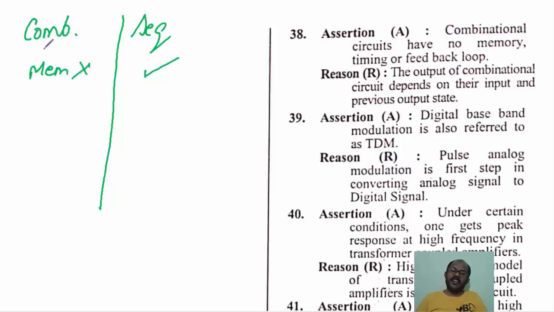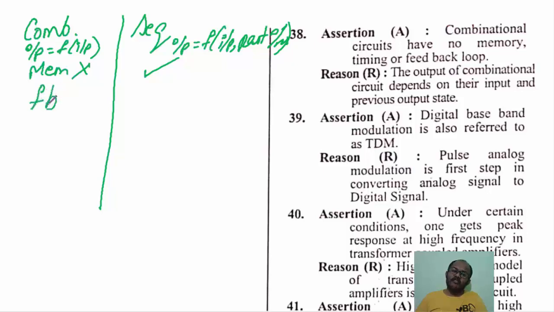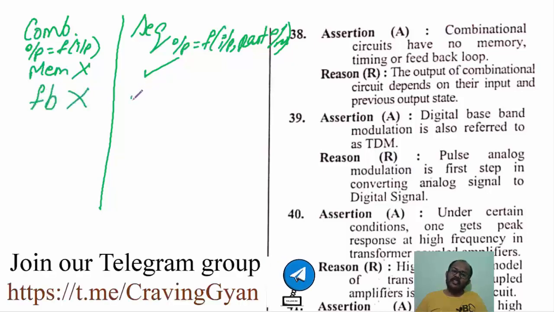The second difference is in the case of combinational circuits, output is a function of present input, whereas in the case of sequential circuits, output is a function of present input as well as past outputs. Able to follow? In the case of combinational circuits, feedback will not be there. In the case of sequential circuits, feedback will be there.